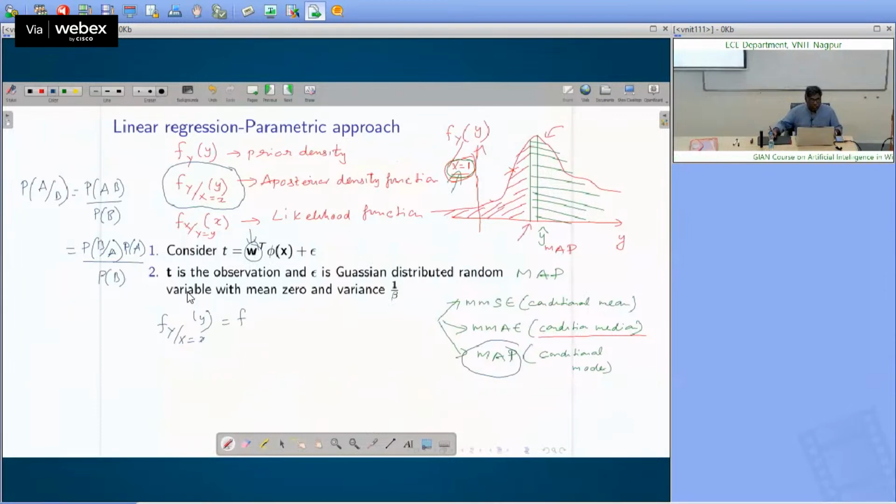So this is going to be f of x given y equal to y of x, into f of y of y, whole divided by f of x of x.